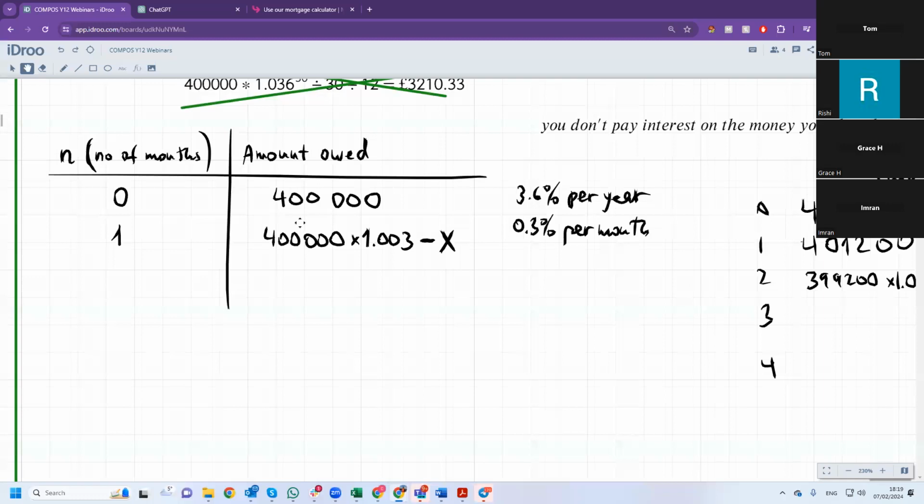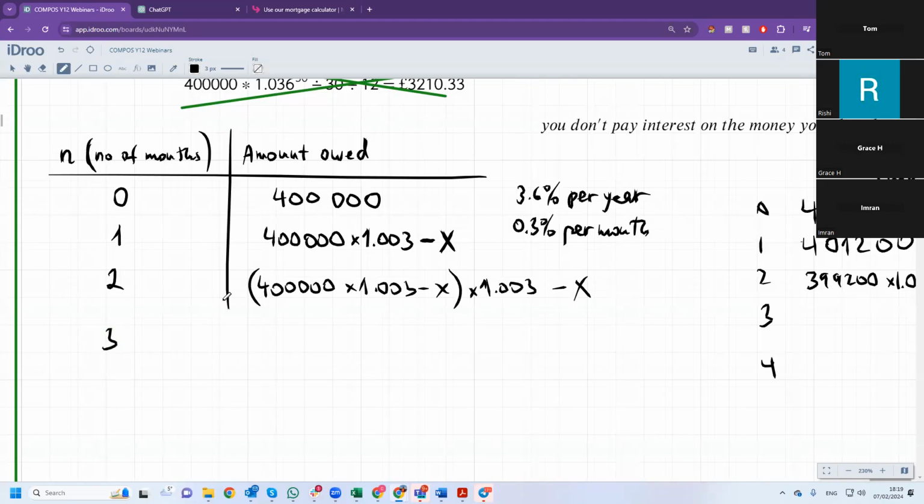So after 0 months, you have 400,000. Then you increase the amount you owe by 0.3%, and then you subtract the x, which we don't know. We're looking for x. The second month is going to be 400,000 multiplied by 1.003 minus x, the whole amount that you owe, multiplied by 1.003, and then you pay x again.